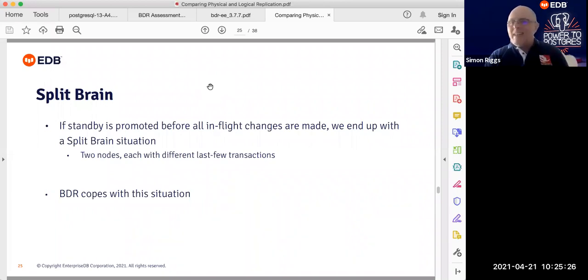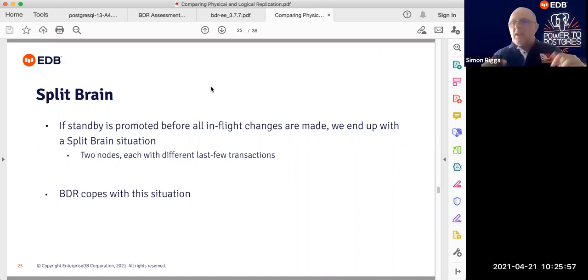Now, it isn't related to the speed of the failover. I'm just saying it's related to the certain knowledge that we have about whether all of the data has arrived or not. Okay. And that can be a tricky situation, which causes a longer period of waiting than we might expect. So actually, the failover of physical replication does take a very short period of time, but that's not the period we need to measure.